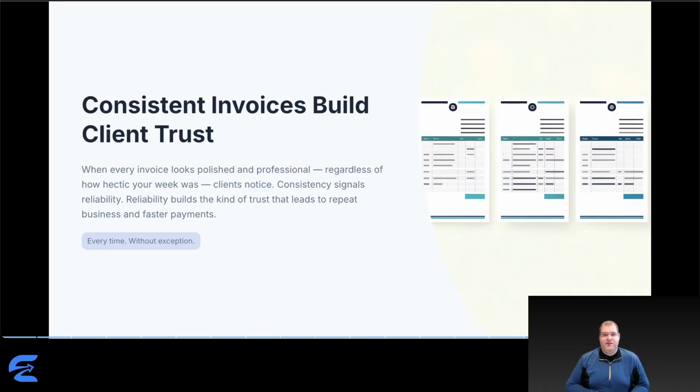That association builds the kind of trust that turns a one-time project into a repeat engagement, and a satisfied client into someone who refers you to their network. AI doesn't have an off week. It doesn't produce a rougher invoice on a Friday when you're stretched thin. Every client gets the same quality output every time.